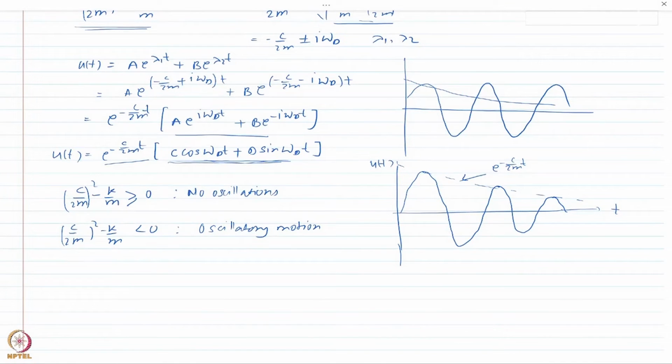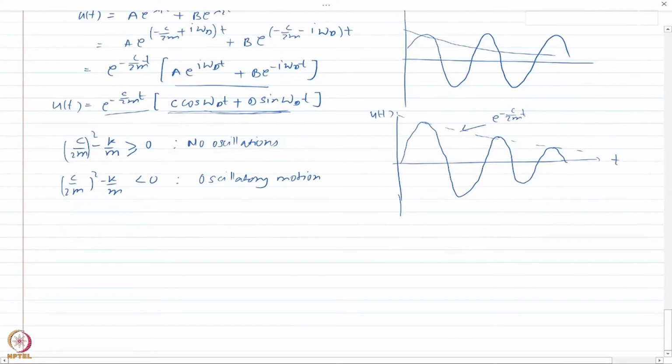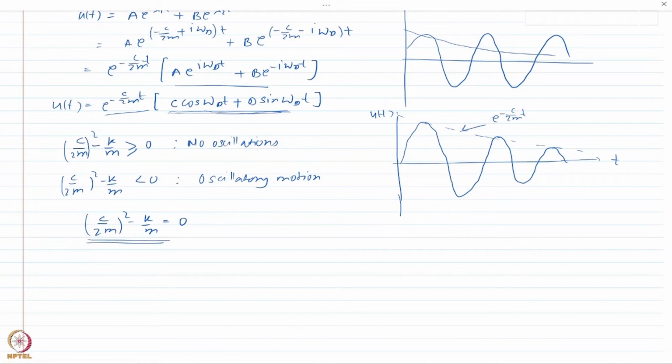Now for this case, what I'm going to do is equate this term to 0. The C that represents this condition is the damping coefficient at which there is a transition from oscillatory motion to non-oscillatory motion, and this C is called C critical.